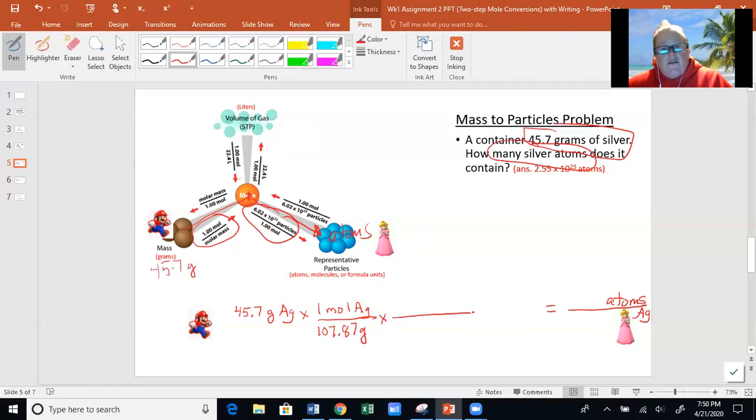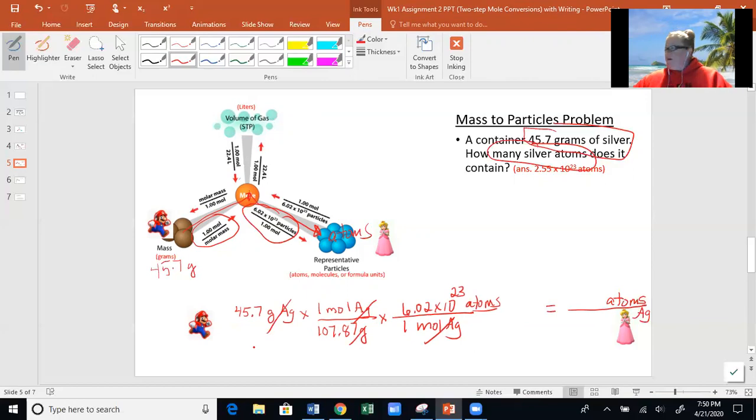My next conversion factor is going to be 1 mole of silver on the bottom and 6.02 times 10 to the 23rd atoms on top. My units cancel.